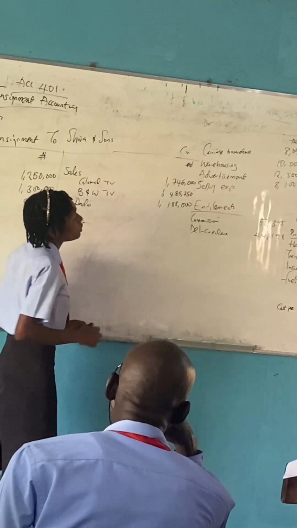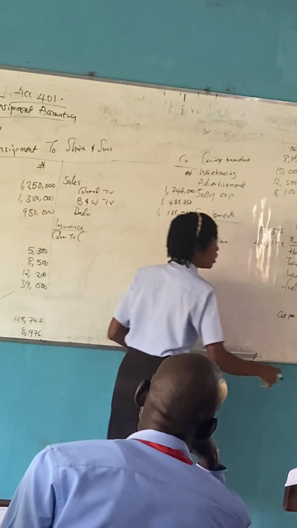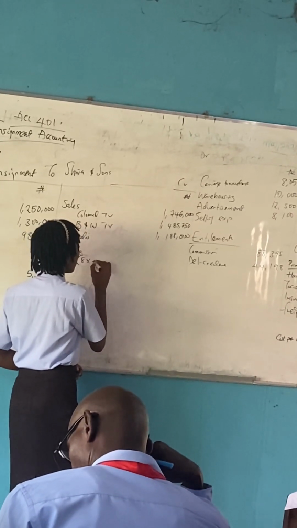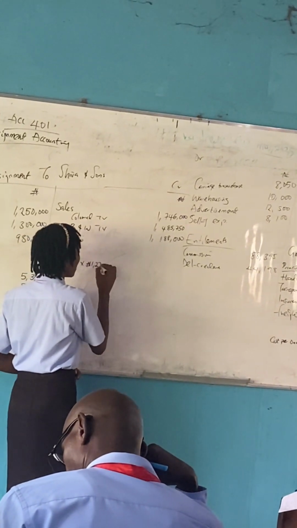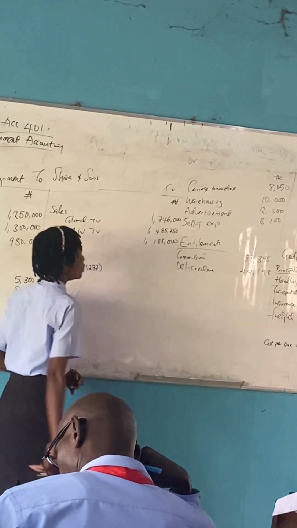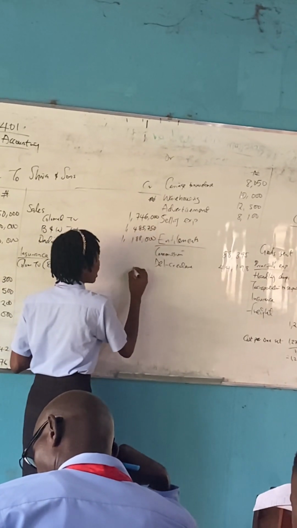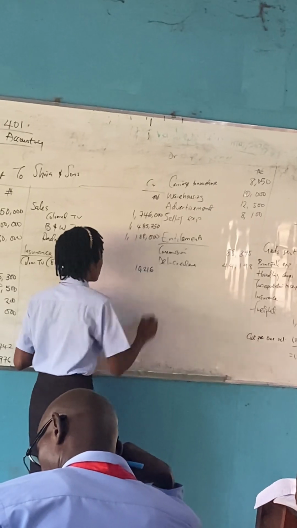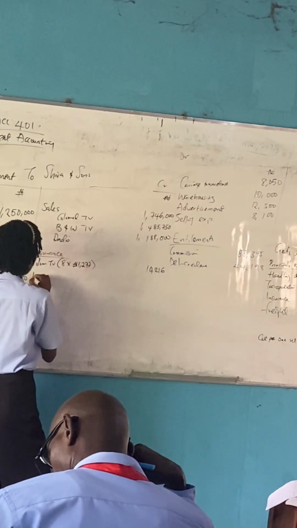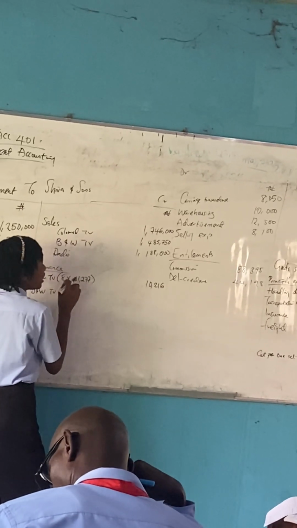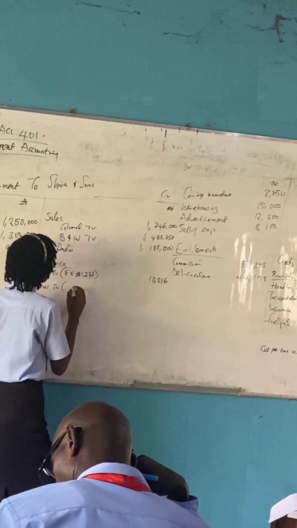For the color TV, we are going to be receiving an insurance of how many goods were lost? 8. So 8 times what? The cost of 1,277. Multiply, what do we have? 10,216. 10,216. The next person is black and white. How many goods were lost? How many black and white?